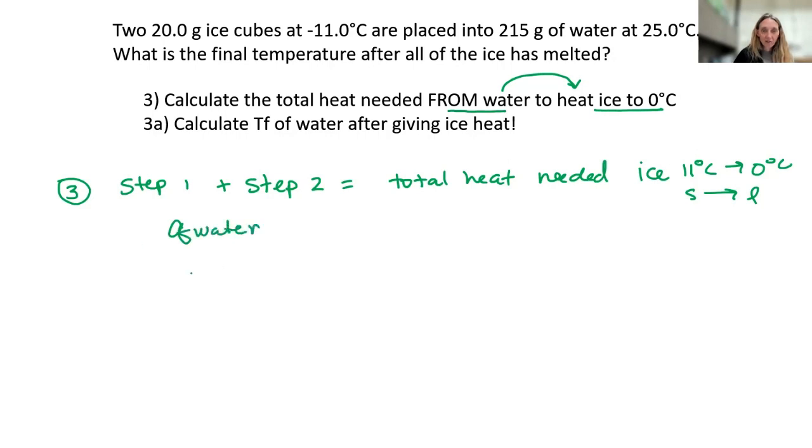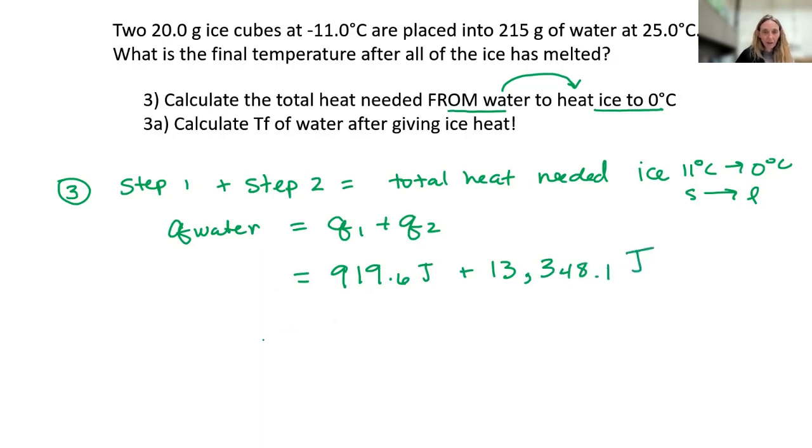So the heat that's needed from the water is going to equal Q1 plus Q2. So we take 919.6 joules and add 13,348.1 joules. Okay, so the total heat from the water is going to equal 14,267.7 joules.